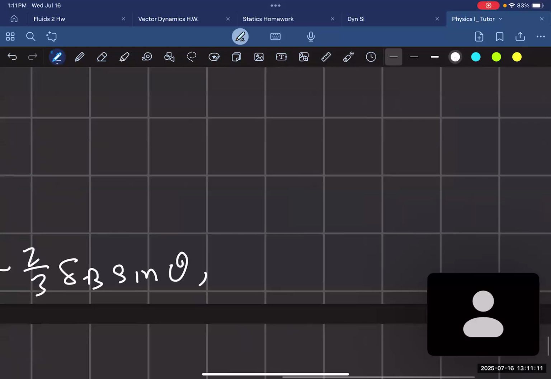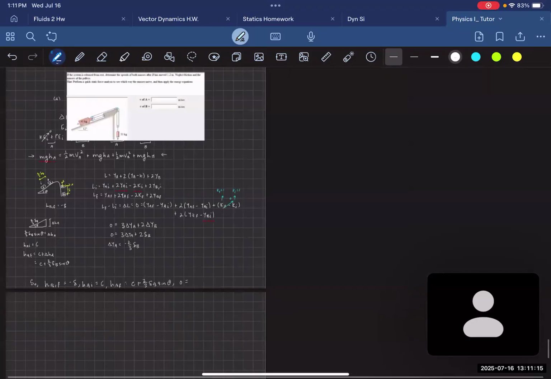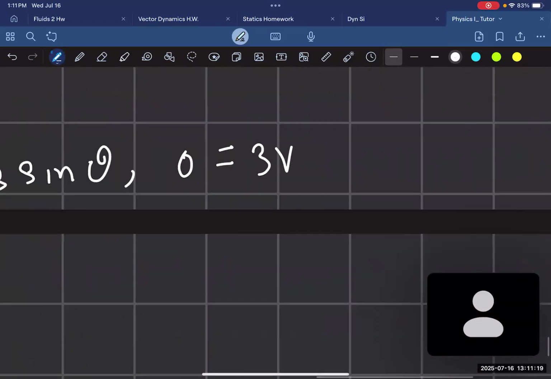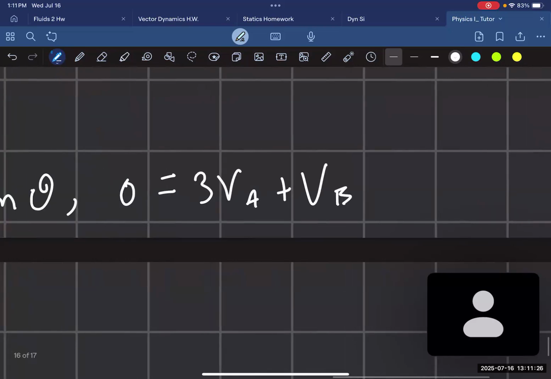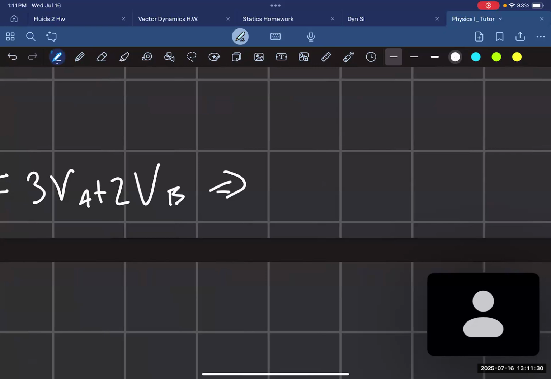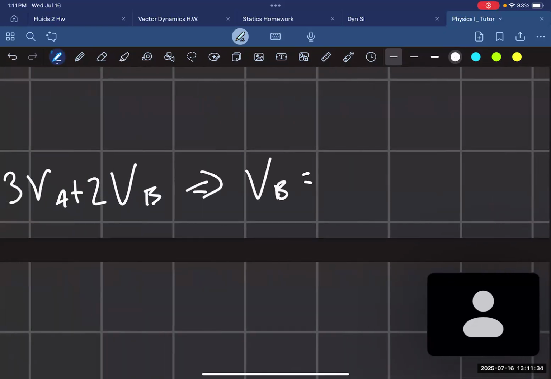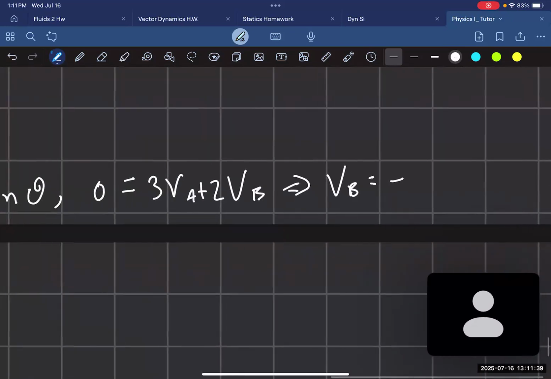And then we're also given the constraint equation that 0 is equal to, let's see, we derived it earlier, 3 times the velocity of A plus 2 times the velocity of B. That tells us that velocity of B is equal to negative 3/2 the velocity of A.